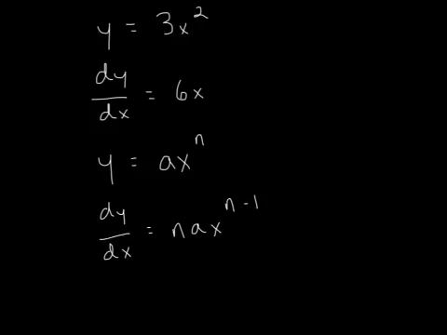And you can see that if you look back up here. If we take our 2 and multiply that, it's going to be 2 times 3, right? So that's our n a times x, and then to the n minus 1, 2 minus 1. So that's going to be 6x to the first, which of course we just write 6x.